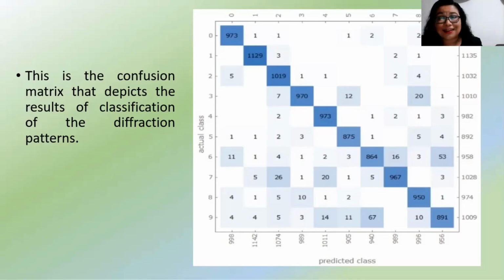It is clear from the confusion matrix that the CNN has performed excellently on classes 1, 0, and 4. Also, the toughest classes for classification are 6 and 9.